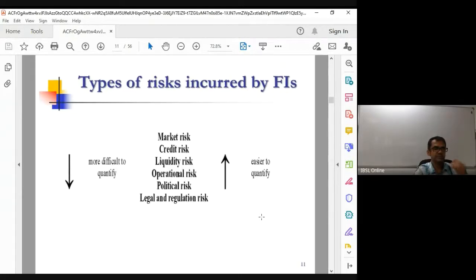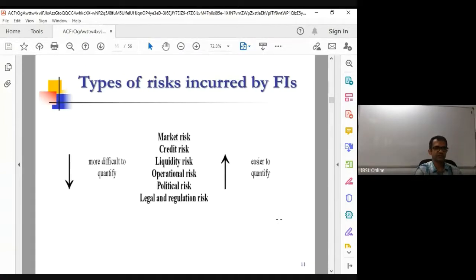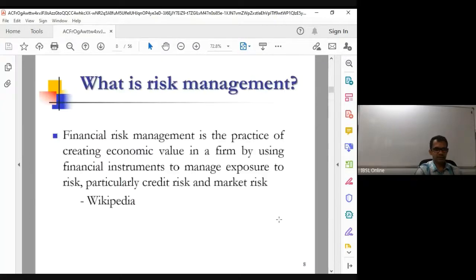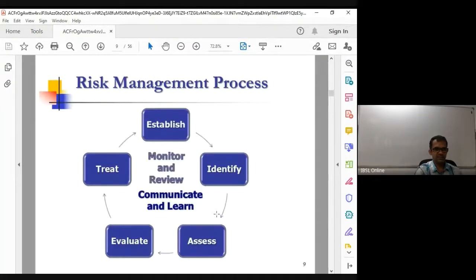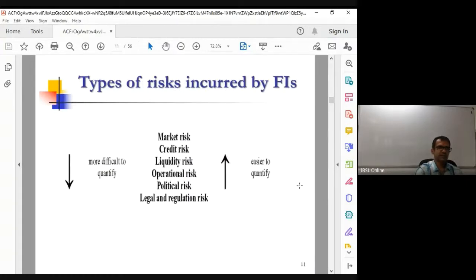So here we discussed the different risks that are faced by financial institutions. Here we discuss how to assess and how to evaluate. That means we should be able to quantify the risk.